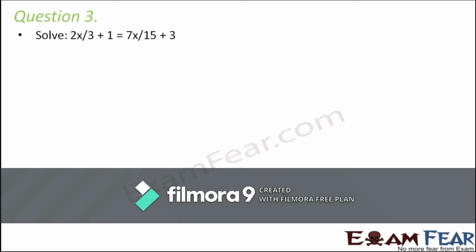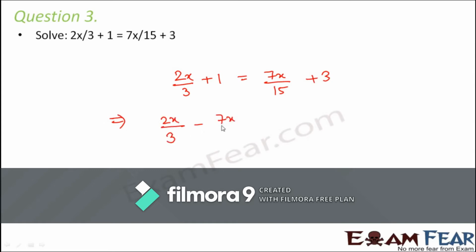Question number 3. Solve 2x by 3 plus 1 is equal to 7x by 15 plus 3. Here again the same thing. Let's bring the terms with x on the left hand side. So it is 2x by 3 minus 7x by 15 is equal to 3 minus 1. Here 3 and 15, the LCM would be 15.